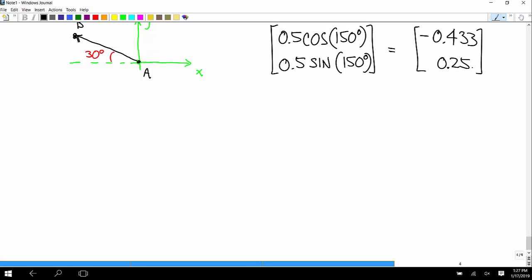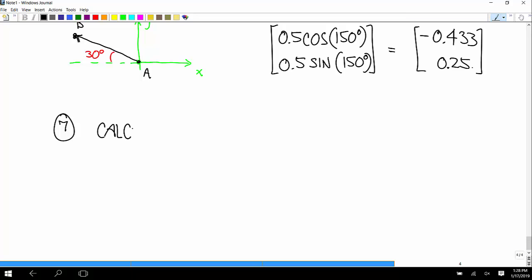Okay, and the last one I want to do is, we already talked about unit vectors if you're given a vector, but I want to talk about just sort of generally unit vectors in a certain direction.